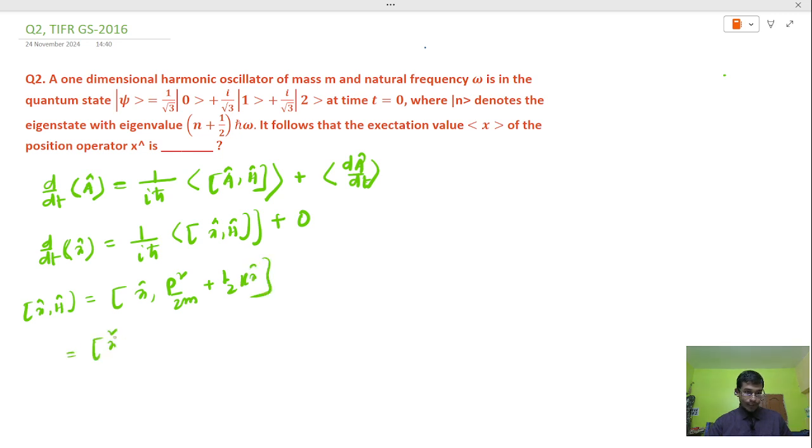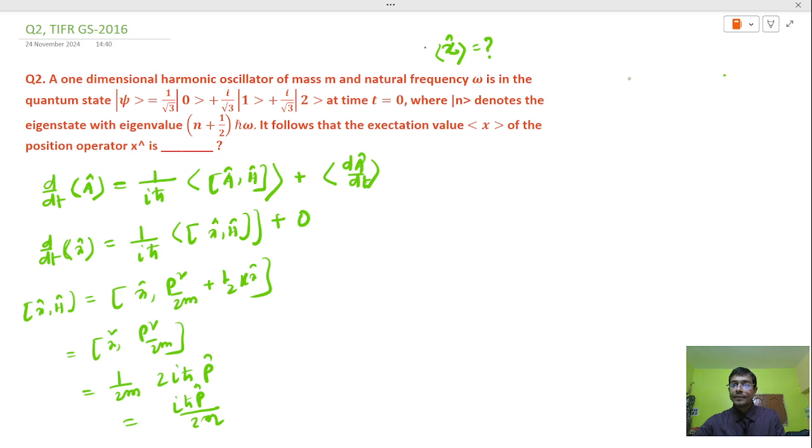So basically the x square term commutes, and for p square by 2m, this is an operator, so 1 by 2m is a constant outside, giving 2 i H cross p, and the result would become i H cross p by 2m. And we should find here the expectation value of x. This is our equation number 1.